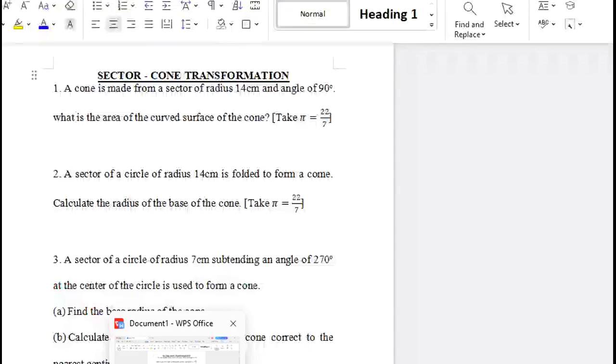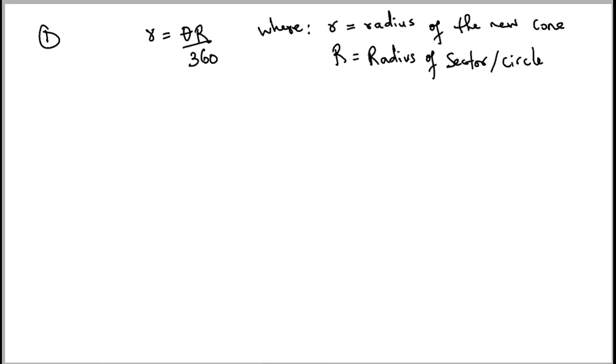Okay, and to the question, a cone is made from a sector of radius 14. Yes, sector of radius. So that should serve as my capital R, 14. Let's bring out very vital information here.